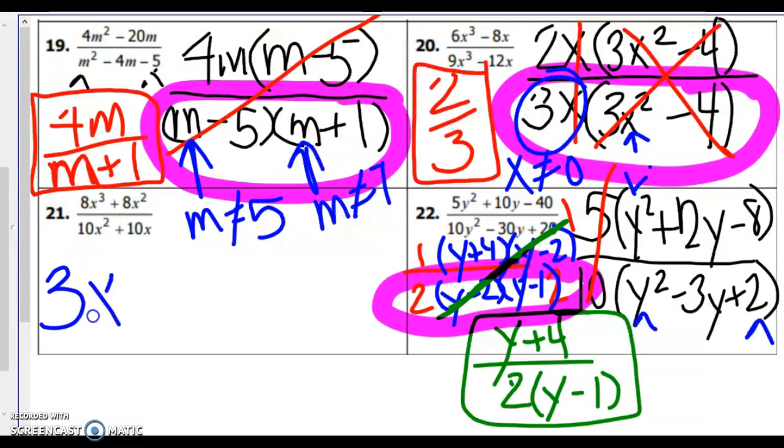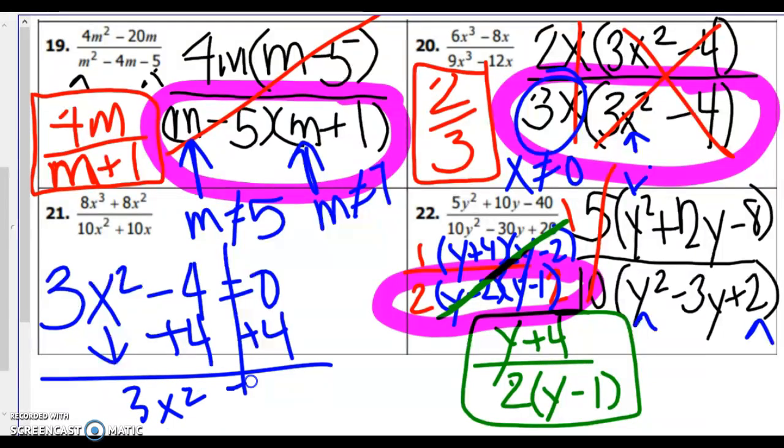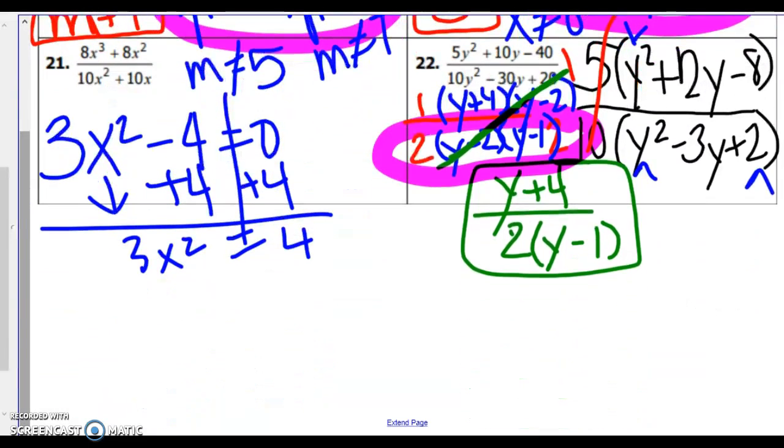If I go 3x squared minus 4 equals 0. Draw my line down. Add 4 to both sides. I drop down 3x squared equals 4. All right. Now, what do I undo next? Divide by 3, divide by 3.